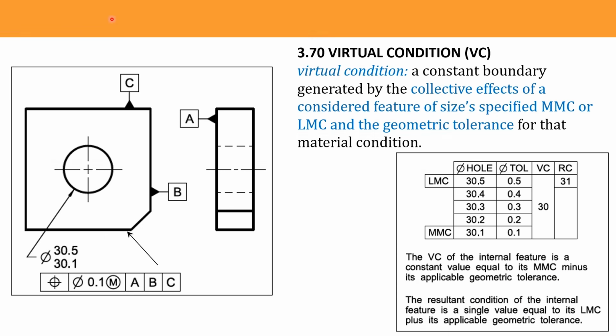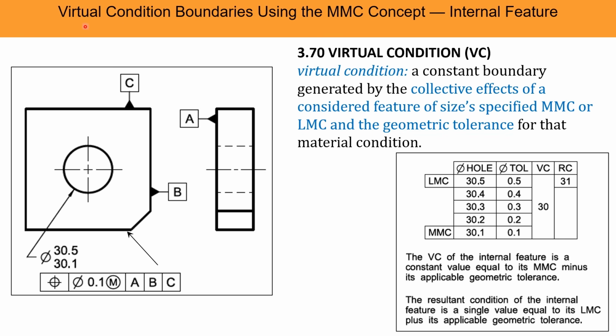So we can define the virtual condition boundary like this. A virtual condition is a constant boundary created by the combined effect of features, specified material condition like MMC or LMC, and its applied geometric tolerance. For the given drawing callout, for a hole, virtual condition is equal to MMC minus geometric tolerance.